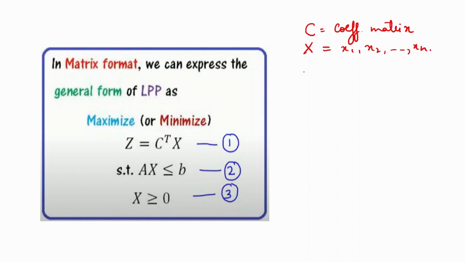AX, as we know, A would be the matrix of the coefficients of the xi's in the constraints, with AX less than or equal to the bi's. Again, B would be B1, B2 up till Bm. So here we'll have an m cross n matrix, and X is n cross 1, so you will get an m cross 1 matrix. So this is the first, the objective function. As you can see, these are our constraints. So this is our objective function.